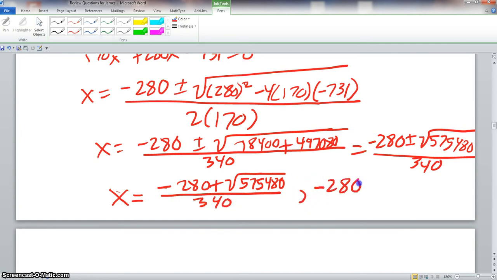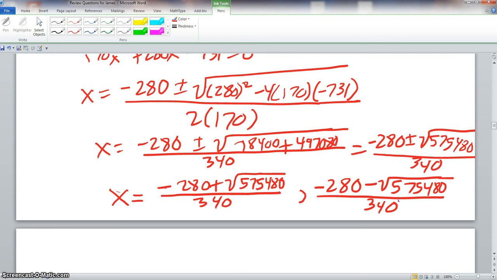The other answer would be negative 280 minus the square root of 575,480, all divided by 340. Now, in your calculator, you should type in negative 280 plus the square root of 575,480, and then press enter. Then divide that answer by 340.